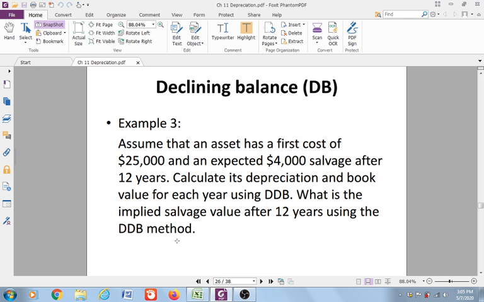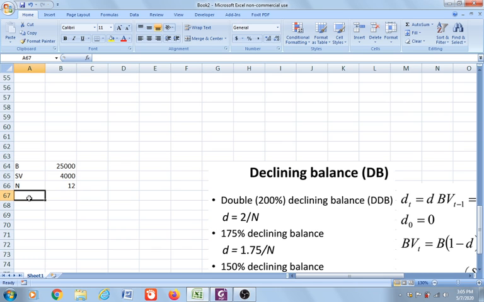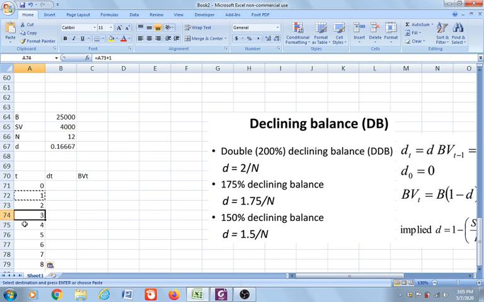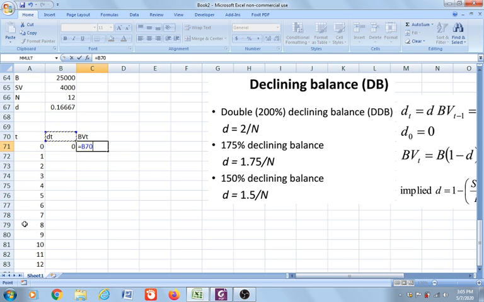And we use double declining balance, so D equals 2/12. Now we have T, DT, and BV sub T. So T starts from 0 till 12. DT in year 0 is 0, and the book value in year 0 is just the basis.